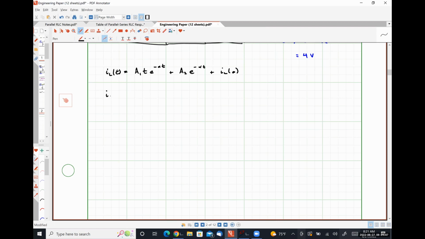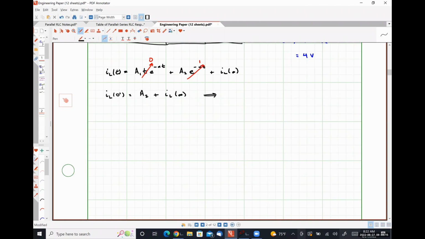So at t equal to 0 plus, this t right here makes this whole first term go to 0. This e to the 0 goes to 1. And so we're going to have A2 plus IL at infinity.